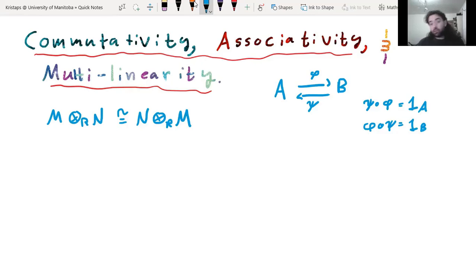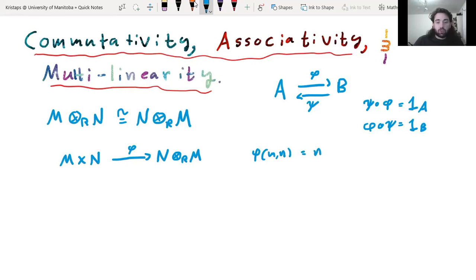Okay, well, here's a great example of actually using the universal property of tensor products. So let's take M cross N, and we define a map phi to go to N tensor over R M, and this is the map defined so that phi of (m, n) is equal to n tensor m.